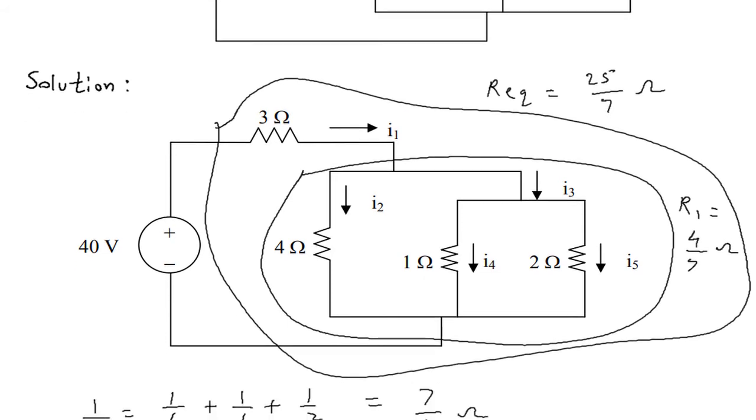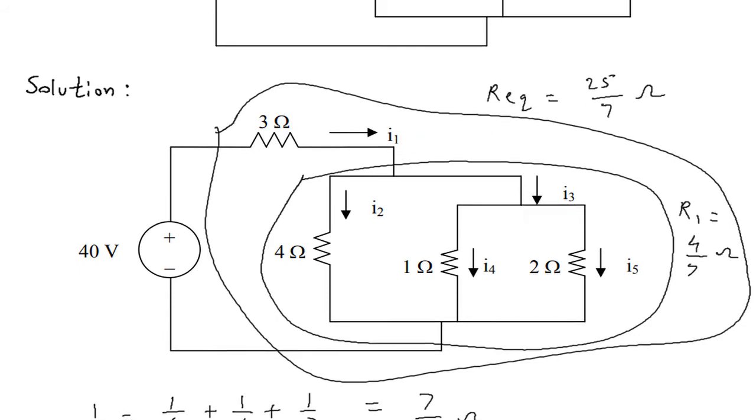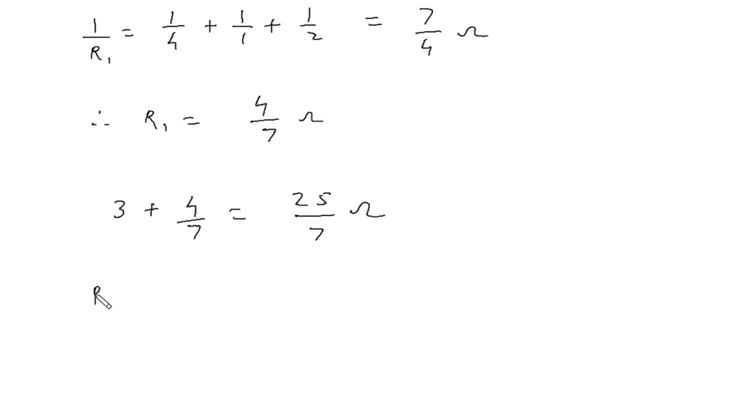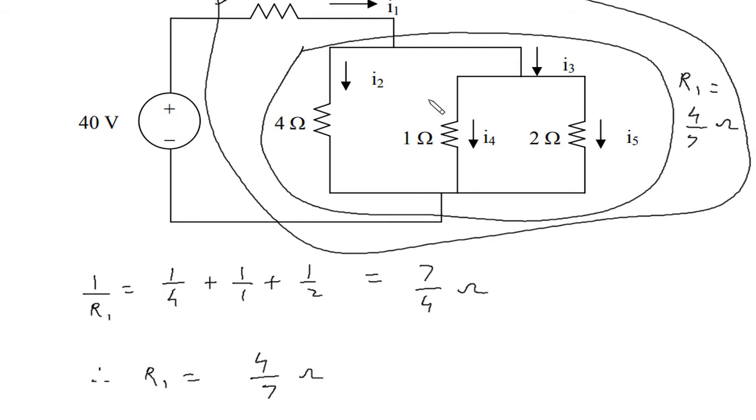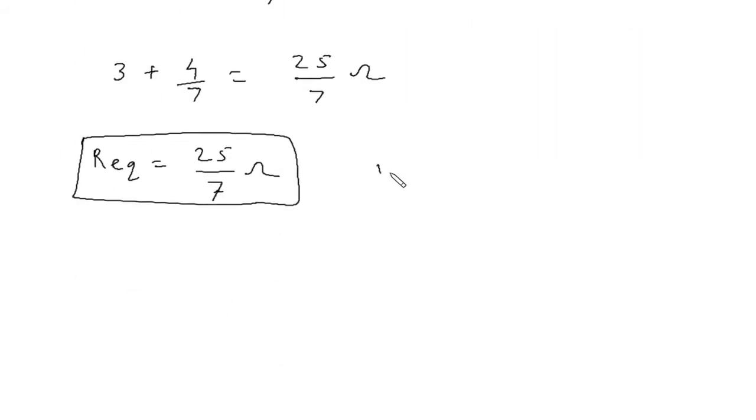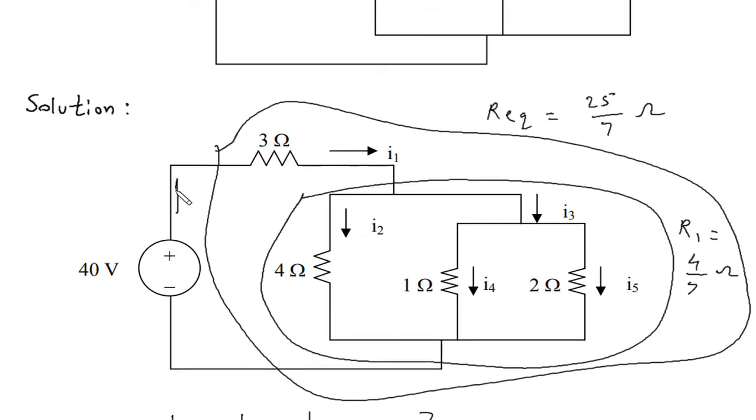Now we have the value of resistance and voltage. We can find current I or I1. Req is equal to 25 by 7 ohm. Voltage is equal to 40 volts, and we have to find the current I. Let us say this is current I, and this I is equal to I1.